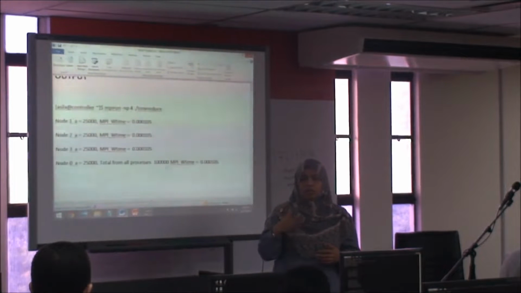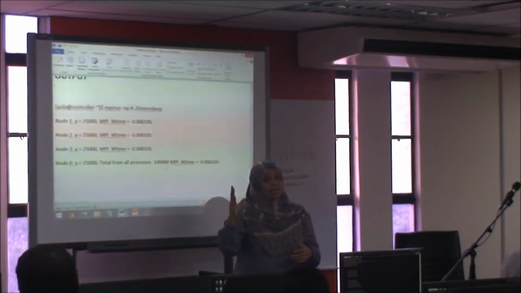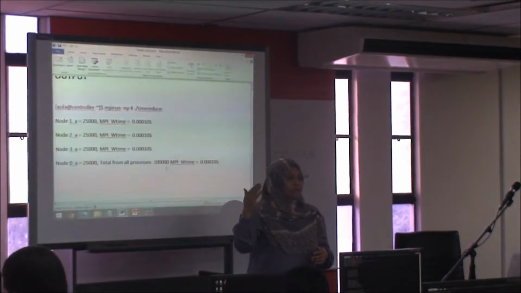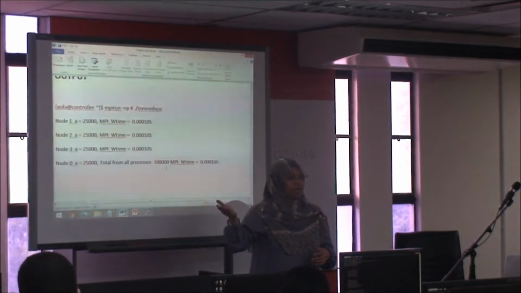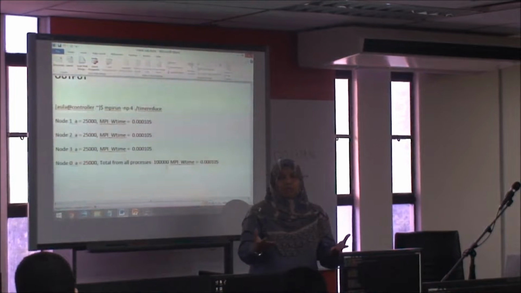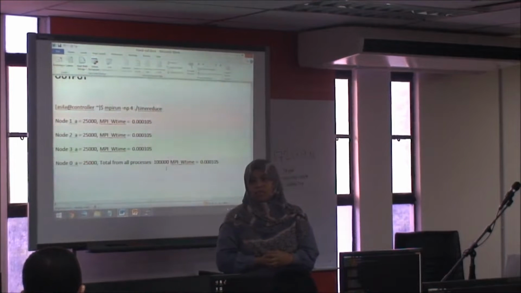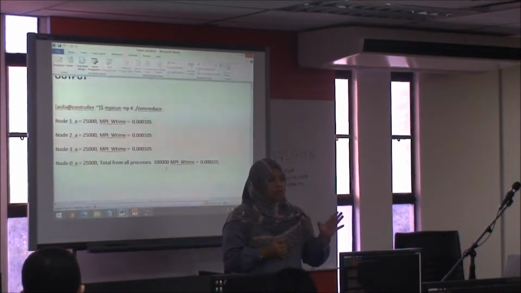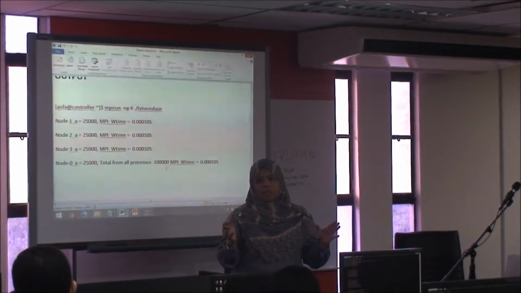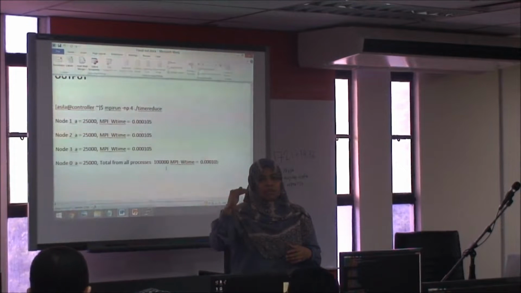So I hope by now what you need to understand is the concept of MPI init, size, and rank. You have to include mpi.h to get the value of size and rank. You need to know when to use communication and when not to, the difference between point-to-point and collective, and how to distribute the load.